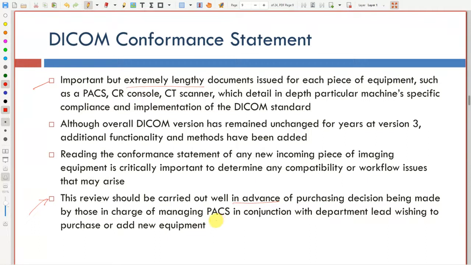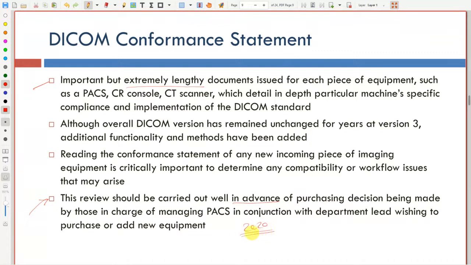And the radiological department, for example, might be planning to add new equipment, and such new equipment might involve things like wireless communication between different sensors used to acquire the image, okay? And this was not added to version 3 of DICOM until 2020, for example, okay?